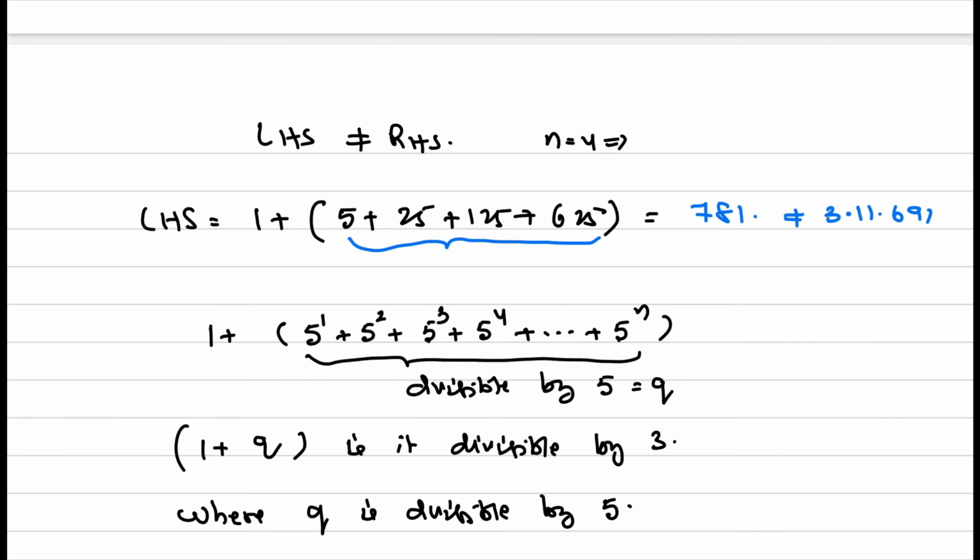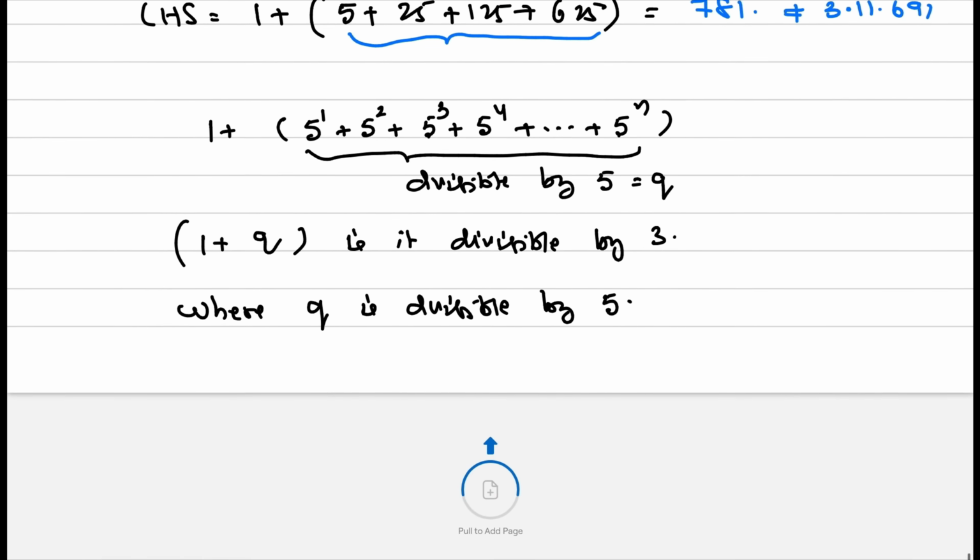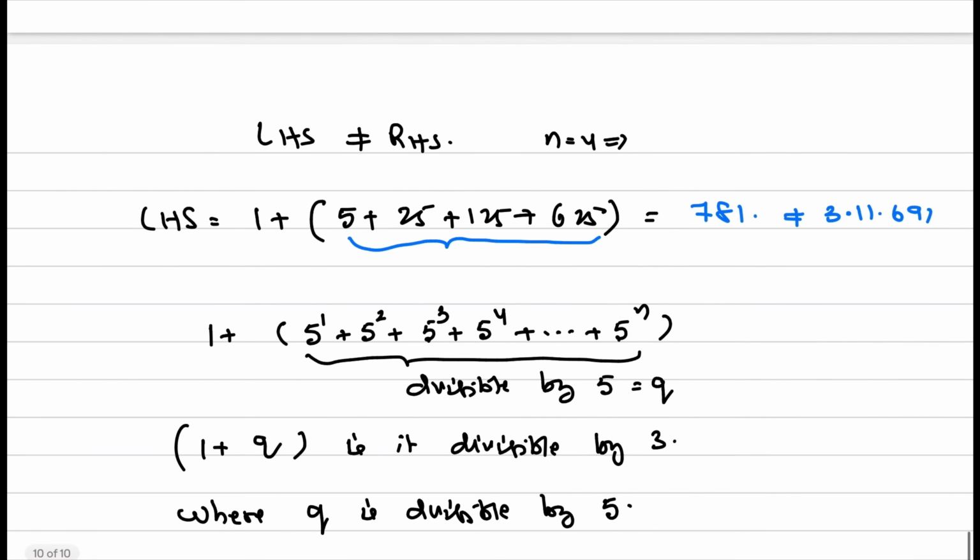For 5 plus 1, okay, it is divisible. What about divisible by 11? What about divisible by 691? 691 is a prime. It is not divisible. In total, it should have all the 3 factors.